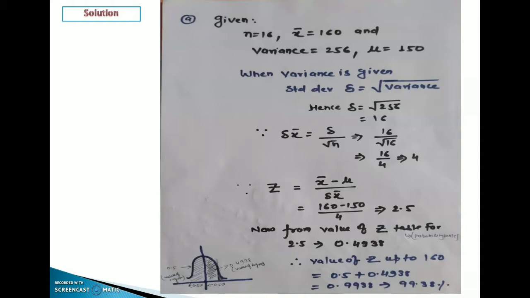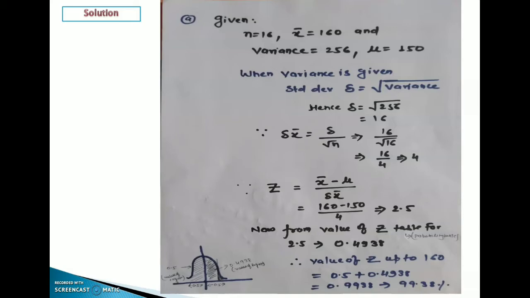When variance is given, we have one formula, that is sigma is equal to the square root of variance. Here sigma is equal to the square root of 256, and by calculating we get sigma 16.